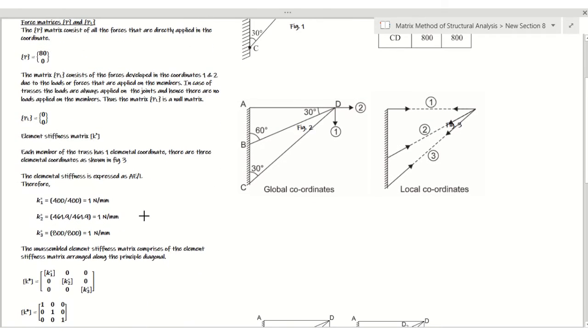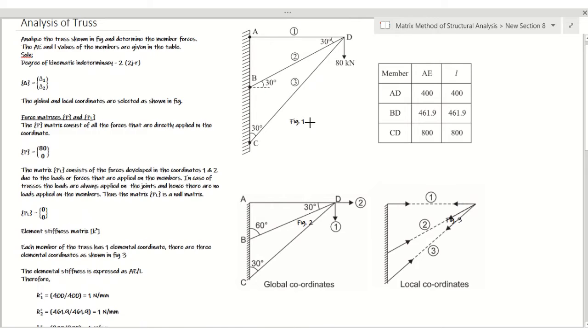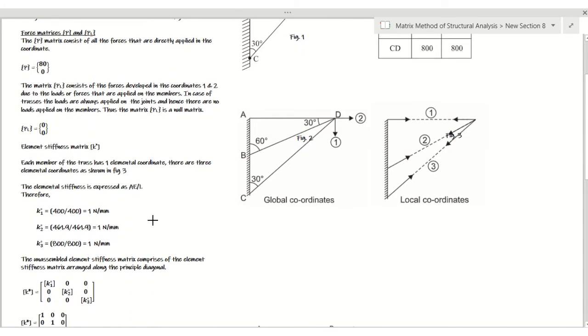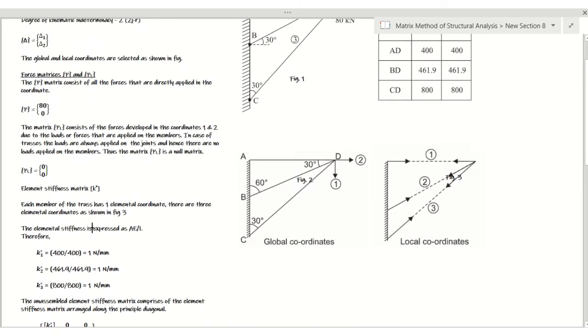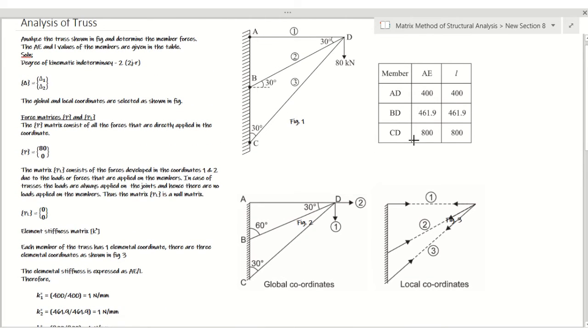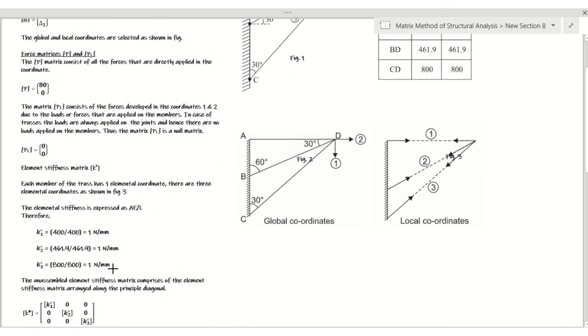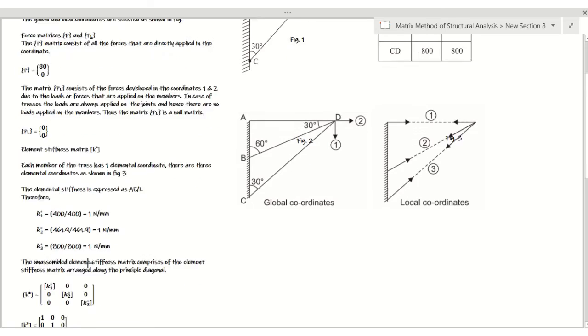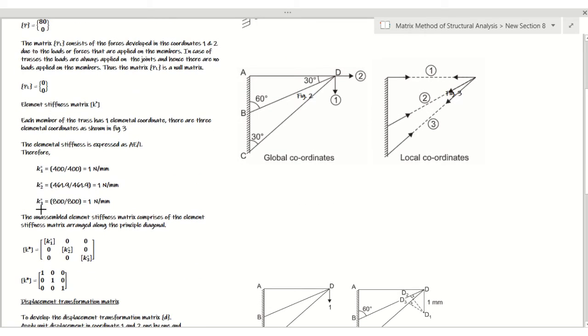And the next one, similarly, if I take AE by L ratio for the member BD, which is our second member, it also comes out as 1. And similarly for third member, 800 by 800, it will be 1. So all the three element stiffness matrices will come out to be 1 here. Okay, so these will be arranged in the unassembled elements global stiffness matrix.